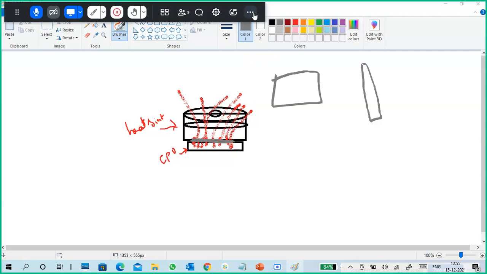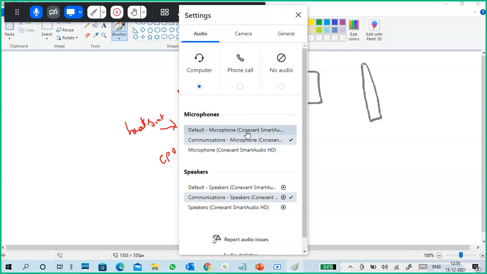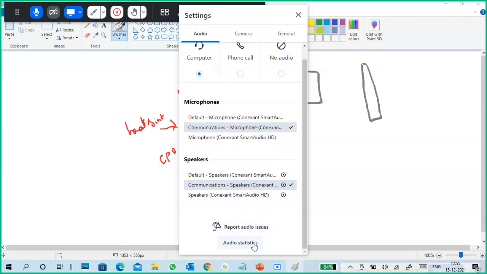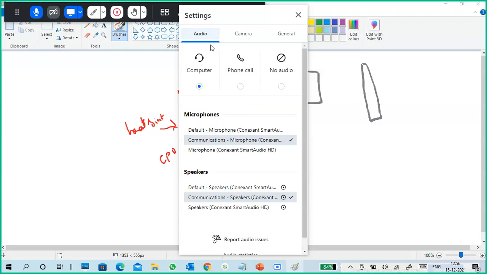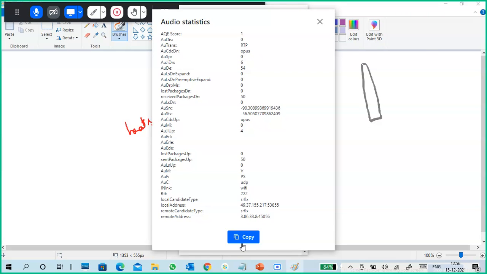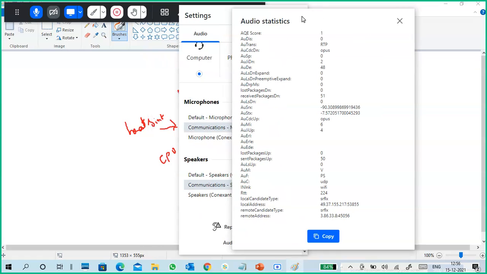Is any mic testing there? What is happening here? This is completely backwards. The whole GoToMeeting is good.